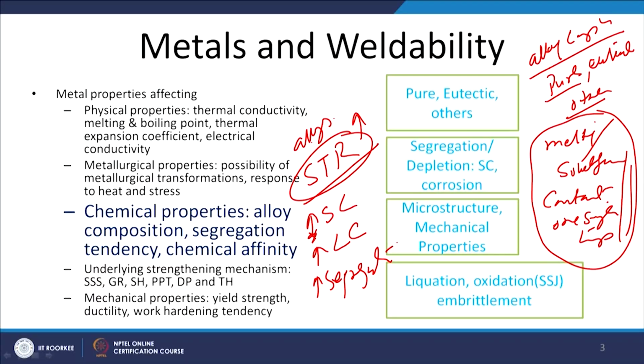So, our metallurgical heterogeneity will exist, mechanical properties will also be changing significantly from the weld zone to the heat affected zone, and that is why there will be more problems related with the welding, especially in the alloys which are having the wider solidification temperature range, and those problems will by and large be absent in case of the pure metals or the alloys of the eutectic composition.